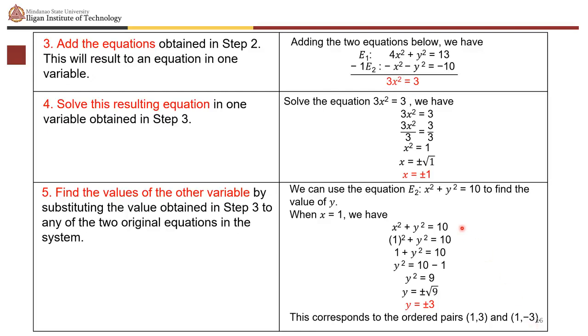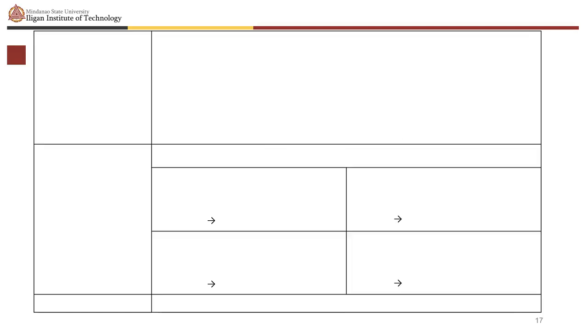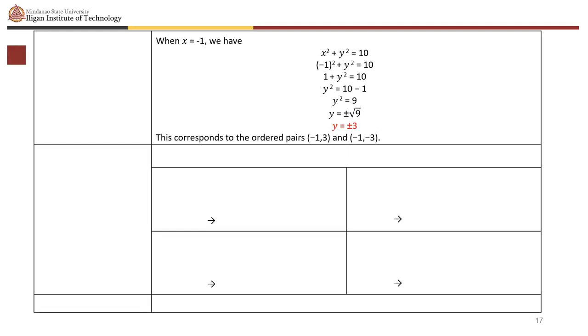Now, we still have to solve for the value of y when x is equal to -1. So when x is equal to -1, we substitute again to the equation x squared plus y squared equal to 10. So -1 squared plus y squared is equal to 10.